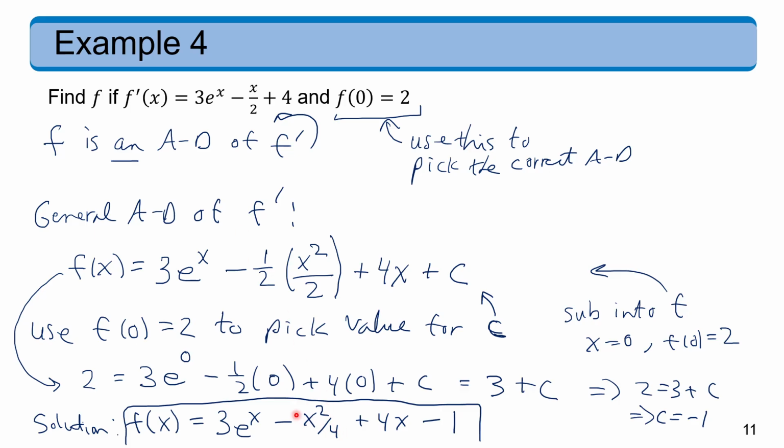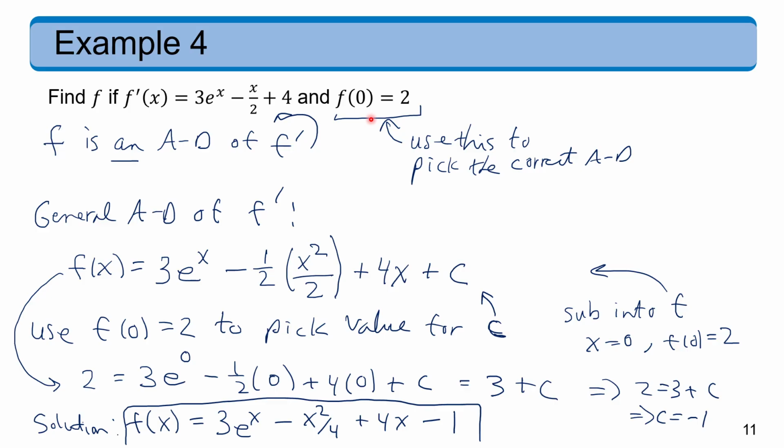The 2 over 4 simplifies to 1/2, and you reduce the power to 1. So minus 1/2 x. That matches here. Derivative of 4x is 4. That matches here. Derivative of -1 is 0. So clearly the derivative worked. When we took the derivative of our formula at the bottom, we got the given formula.